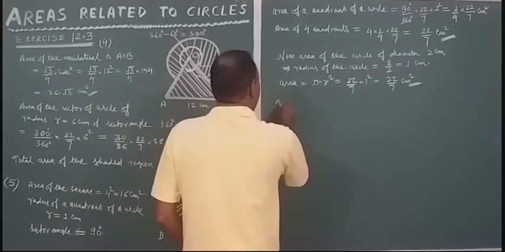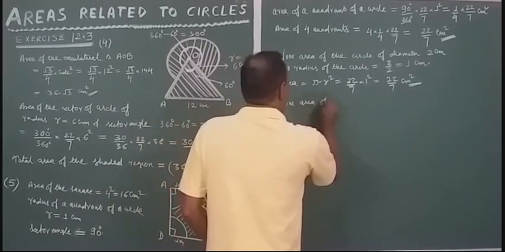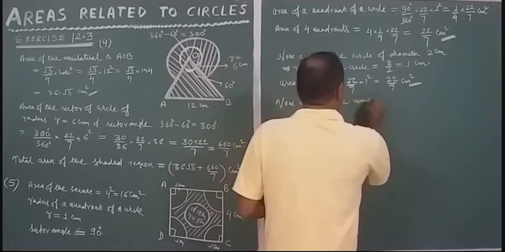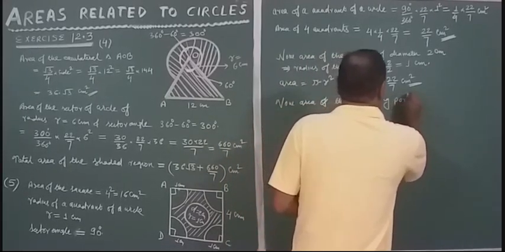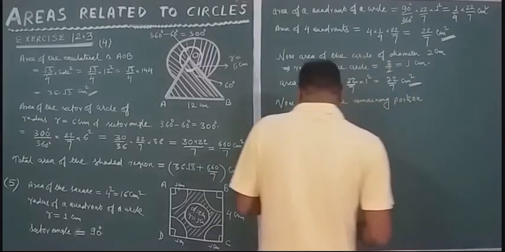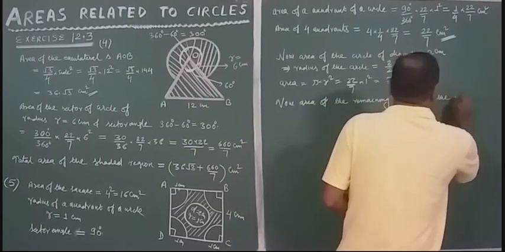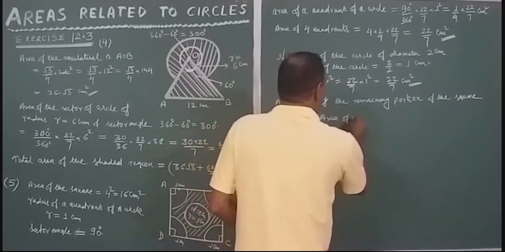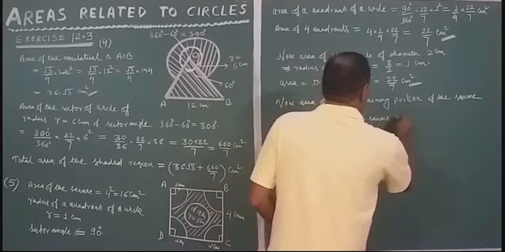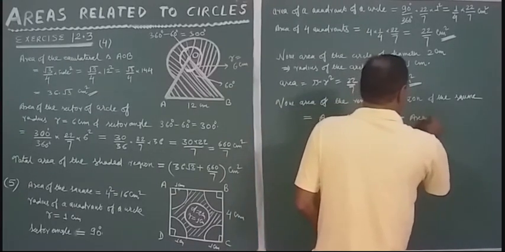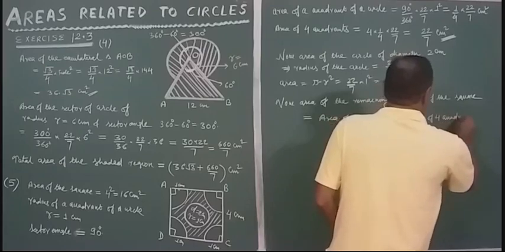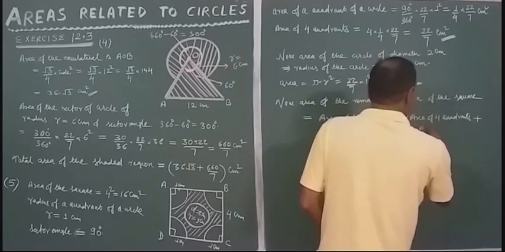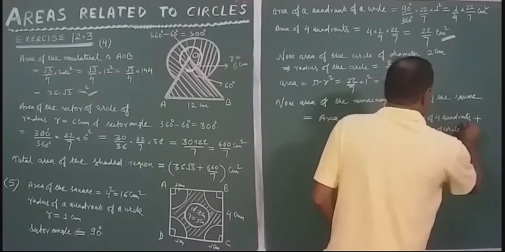Now area of the remaining portion of the square, so that will be area of the square minus area of 4 quadrants plus area of circle.